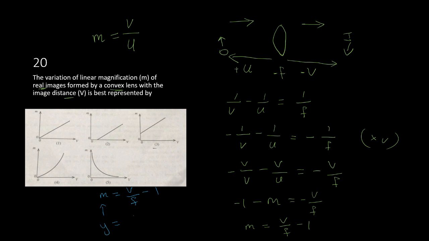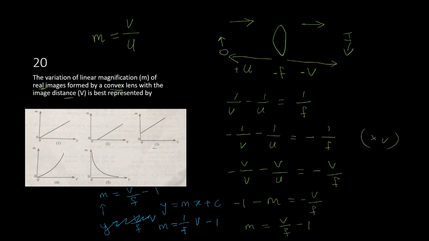So you can write 1 over f times v for this. This 1 over f is the gradient. So you can write this equation as m is equal to 1 over f v minus 1. So this is a y equals mx plus c type equation, but here the intercept is minus 1.